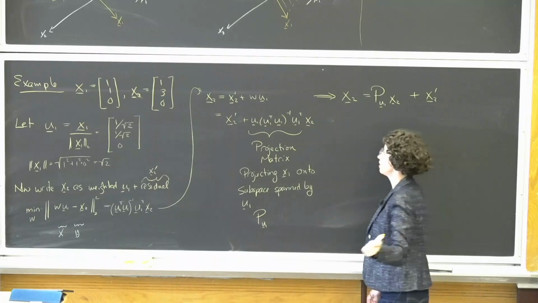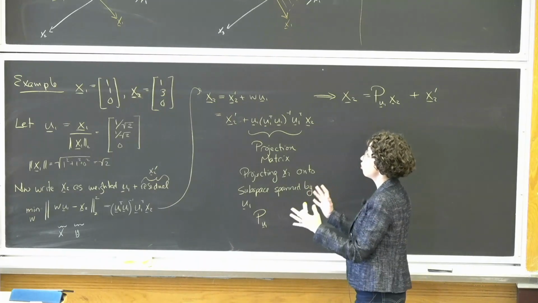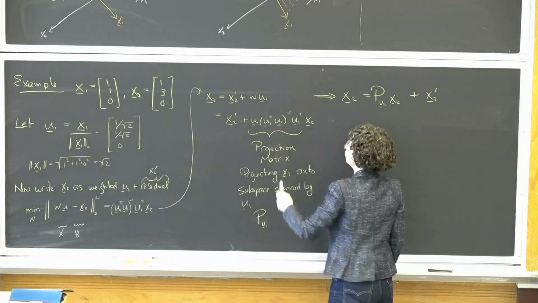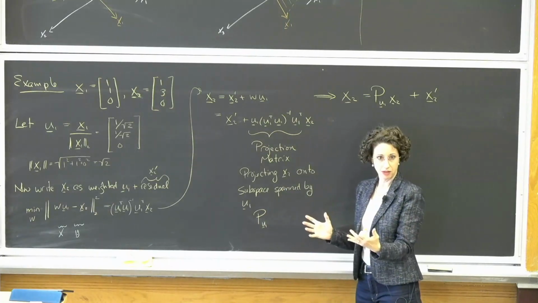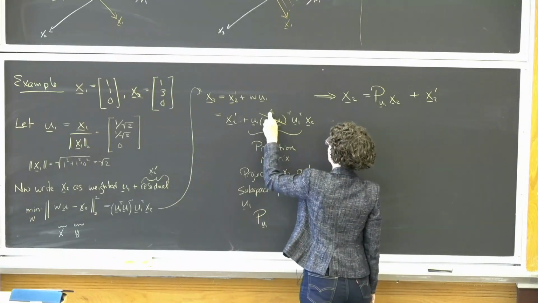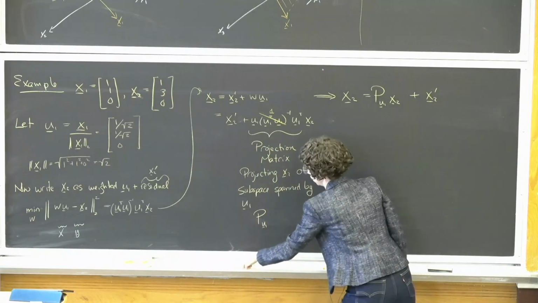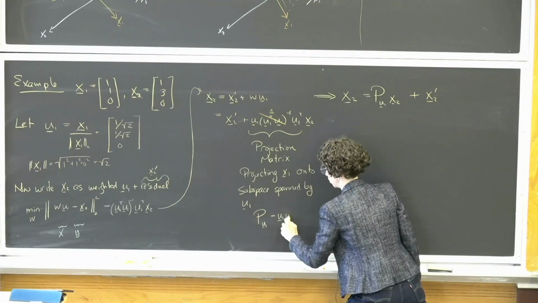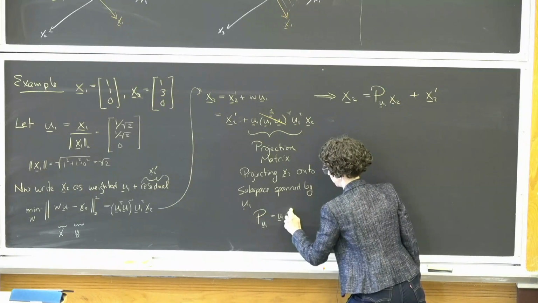Yeah, you're thinking exactly the right direction. In this setting, so far, u1 is still just a vector. So u1 transpose u1 is just a scalar, and that scalar value is 1. So this is just 1. And so this p u1 matrix is simply u1 times u1 transpose.